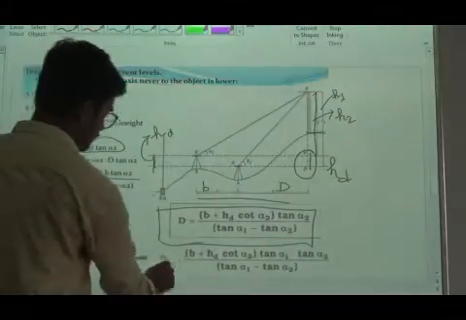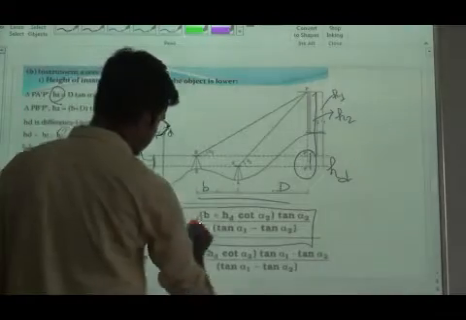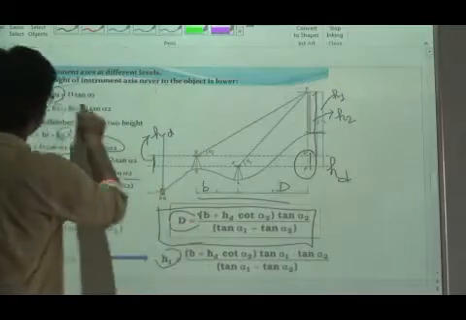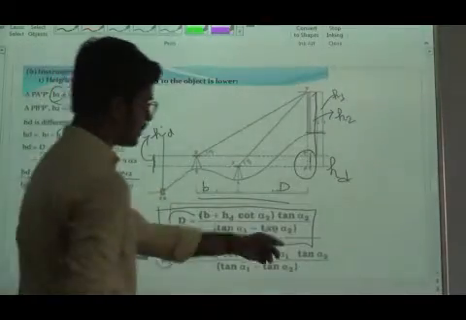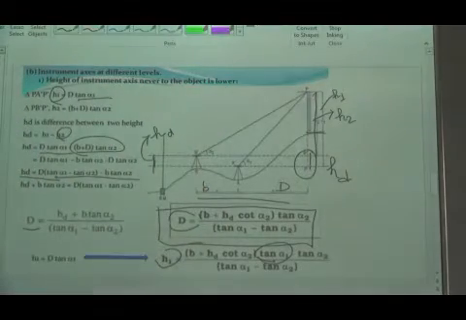For H1 we have calculated by multiplying the equation of D with tan alpha 1.